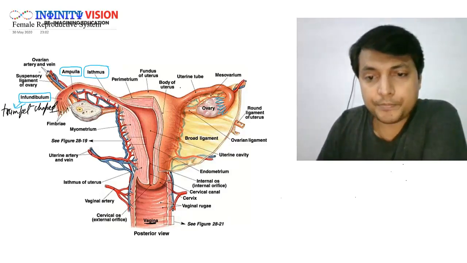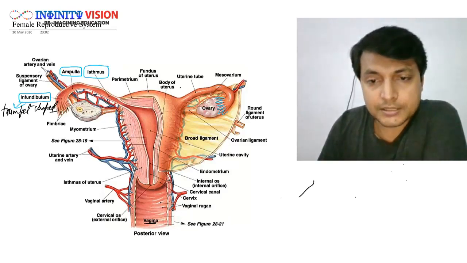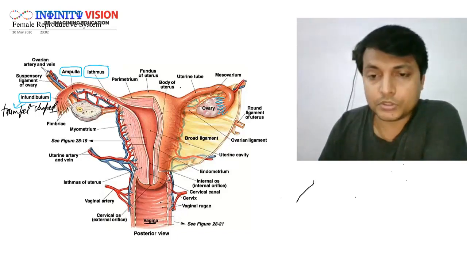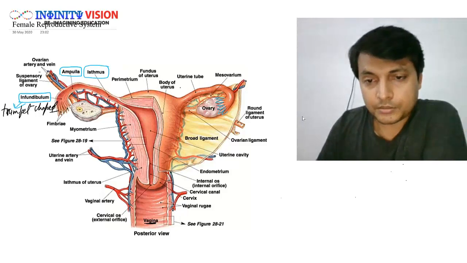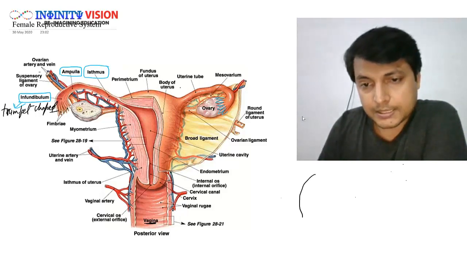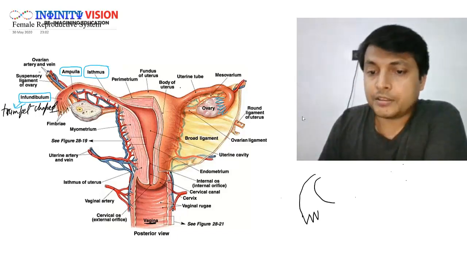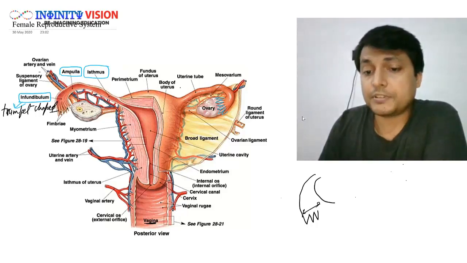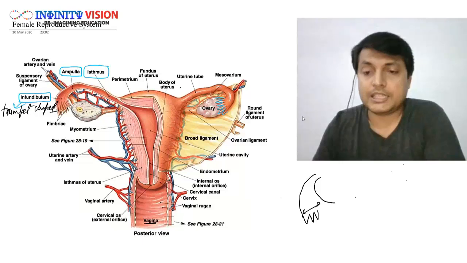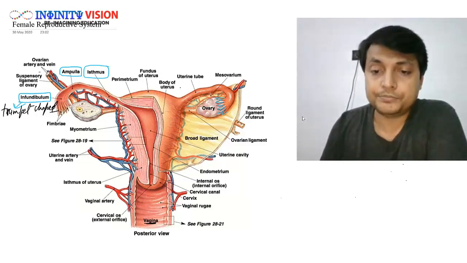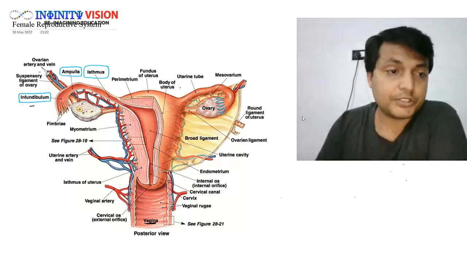Because you can see it is something like this. The diameter increases all of a sudden. That's why it gives a trumpet-like appearance, hence we call it trumpet shaped. So the infundibulum is trumpet shaped.